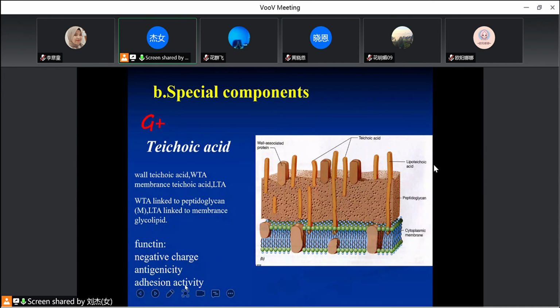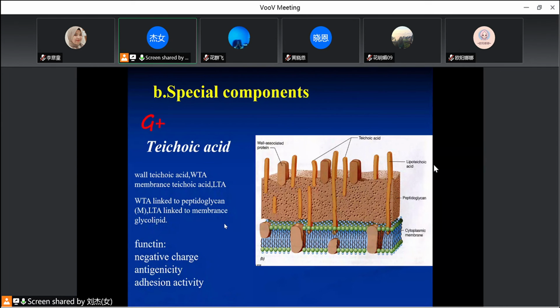Adhesion means one bacterium connects to another one, or sometimes the bacteria attach themselves to the host cell. They try to keep in touch with the host cell, and during the process of being in touch with the host cell, adhesion activity is important.